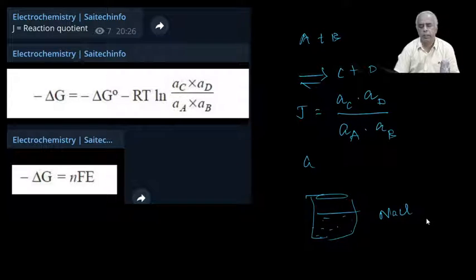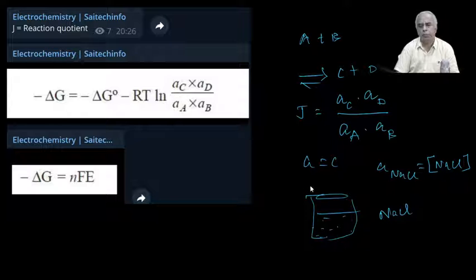In that case, the active mass is equal to the concentration because it is completely dissolved. The active mass of NaCl is nothing but the active ingredients entirely present in the bulk of the sodium chloride solution. So it can be represented by a square bracket that indicates the concentration of NaCl.